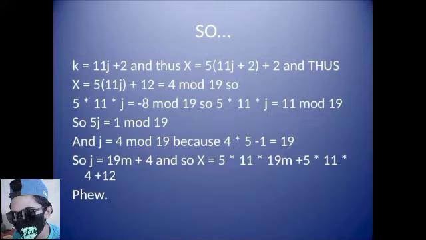So 5g is equal to 1 mod 19, and g equals 4 mod 19. It's because 4 times 5 minus 1 is equal to 19. So g equals 19m plus 4, and so x equals 5 times 11 times 19m plus 5 times 11 times 4 plus 12. And that's the Chinese remainder theorem.